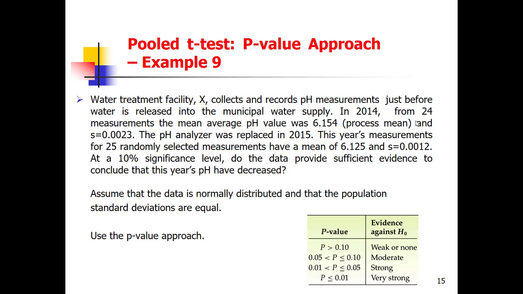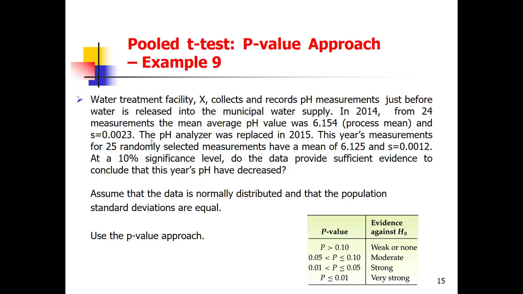In 2014, we have 24 measurements, where the average pH is 6.154 and the standard deviation is 0.0023. The pH analyzer was replaced in 2017.